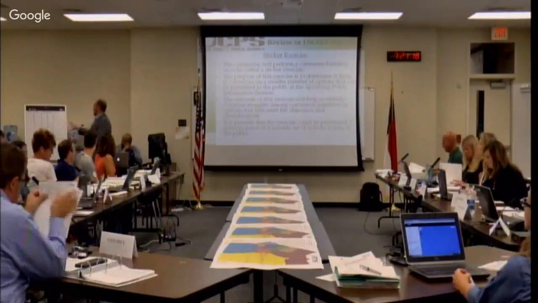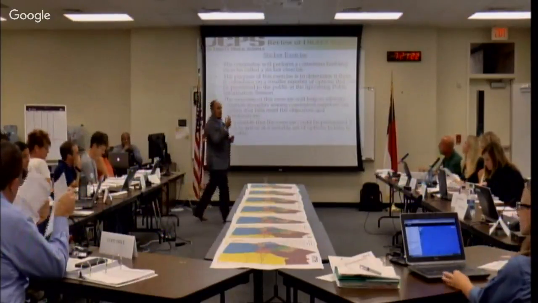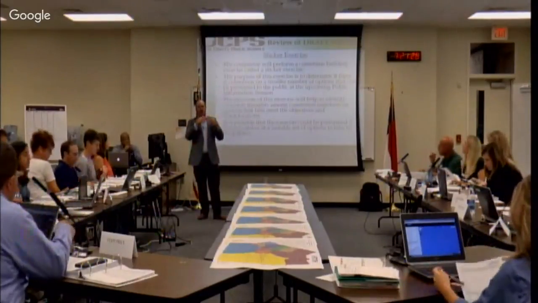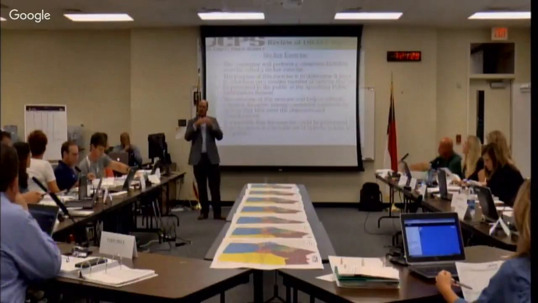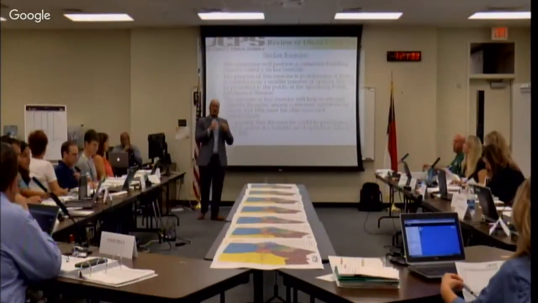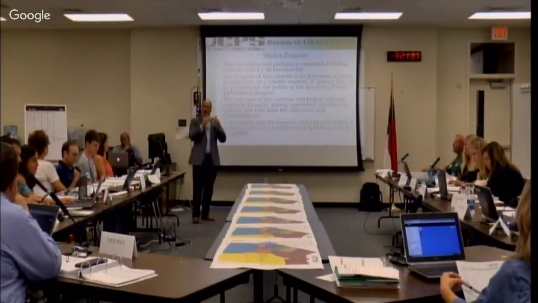With these maps, there's an elementary one, but that's paired with a middle and high school one because they're built together for feeder pattern alignment. So really, when you look at them, they're wedded to each other, per se.